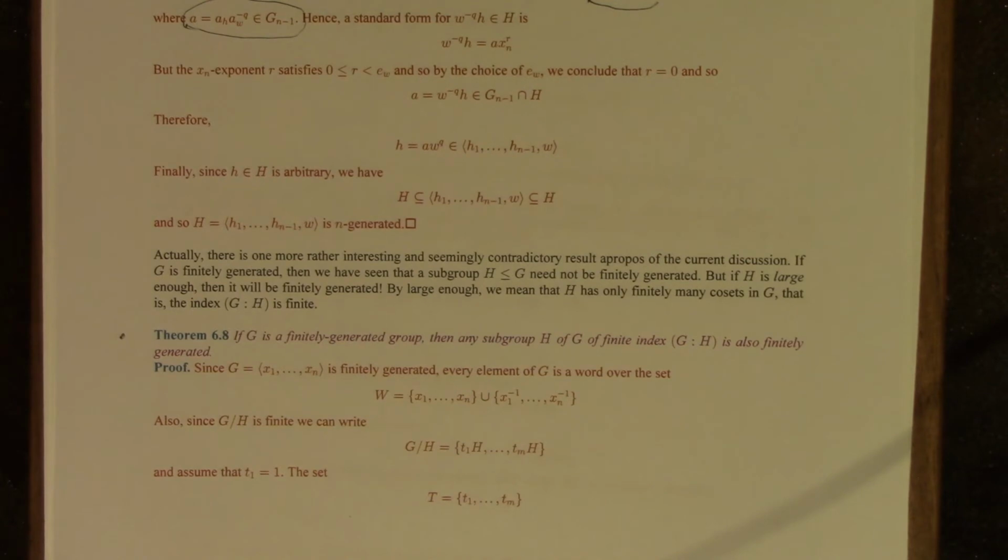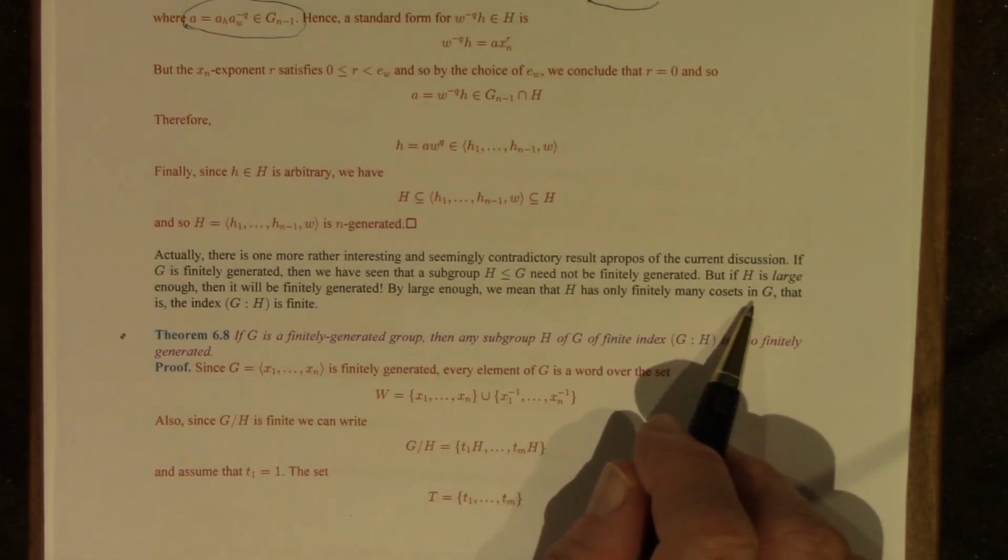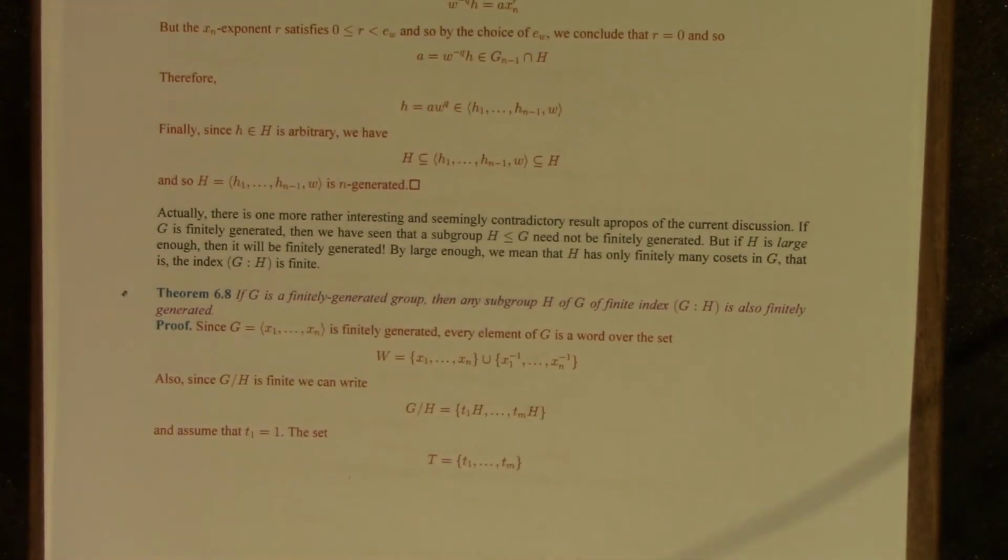On the other hand, what's surprising is that the very large subgroups of G are also finitely generated. And by very large, I mean they have finite index. So there's a finite number of cosets of H in G. So I've always found this to be kind of a strange result.